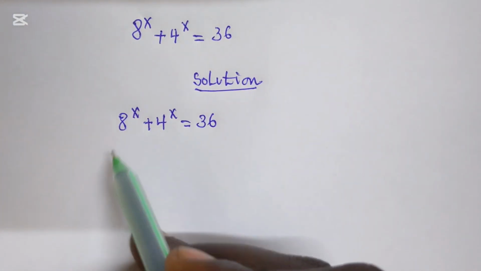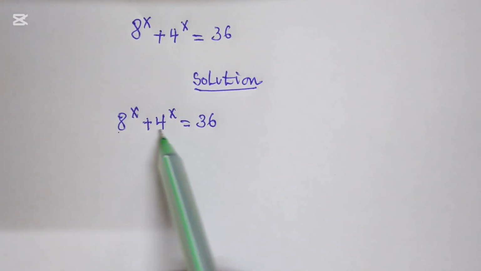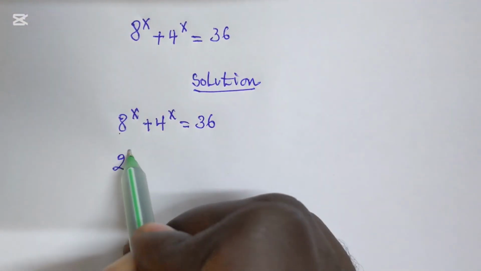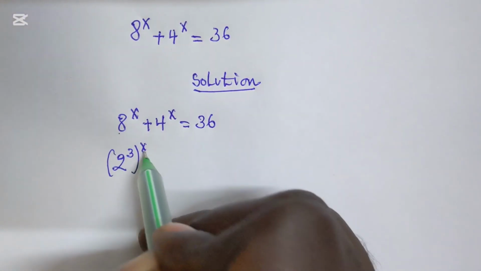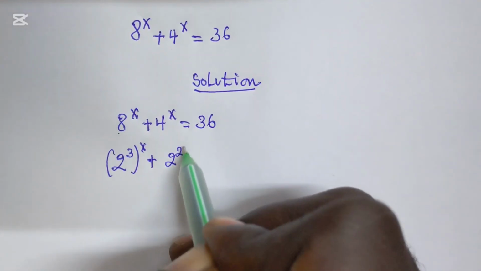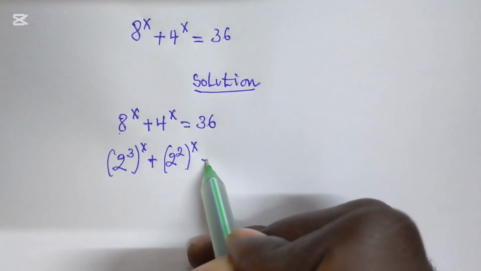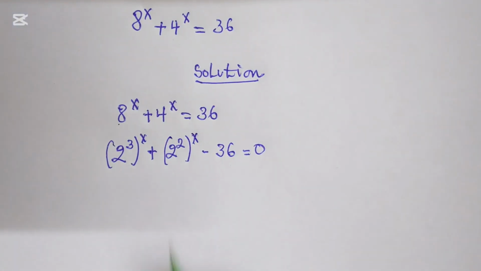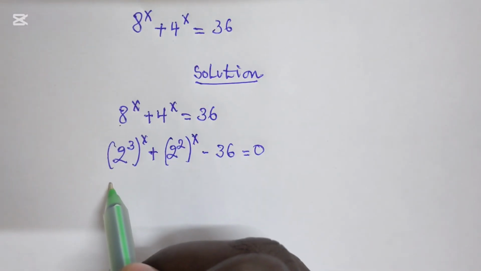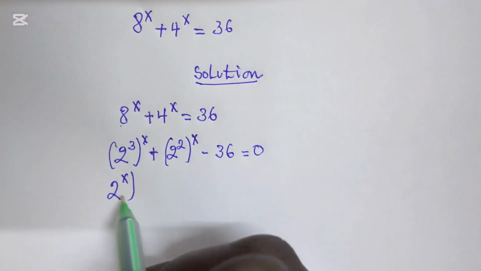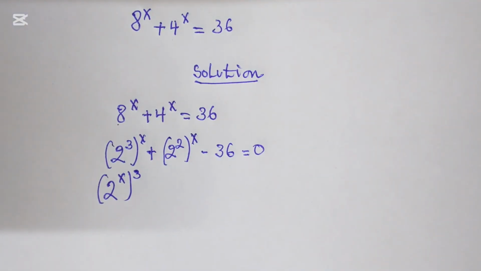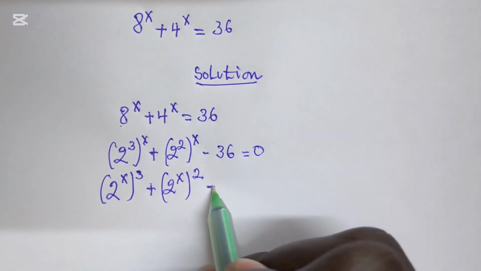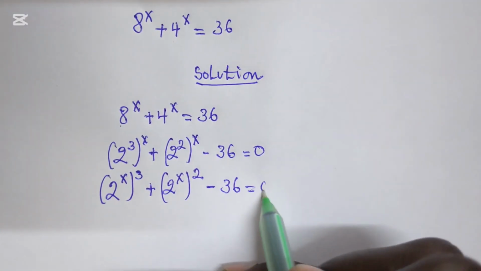We know 8 is equal to 2 power 3, and we can change these numbers into base 2: 2 power 3, then power x, plus 2 power 2, then power x, minus 36 equals 0. We can change this to get 2 power x, then power 3, plus 2 power x, then squared, minus 36 equals 0.